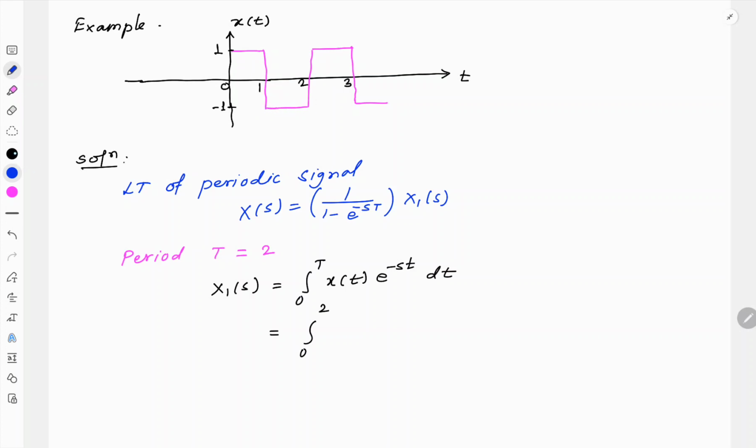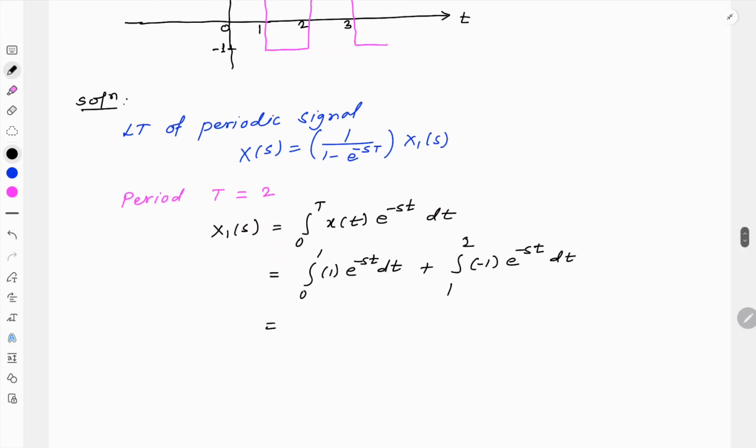So we need to split up this integration from 0 to 1 and 1 to 2, and then evaluate it. For 0 to 1, x(t) is 1 into e raised to minus st dt. From 1 to 2, x(t) is minus 1, e raised to minus st dt.